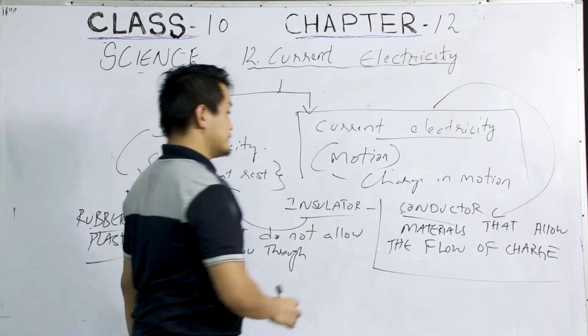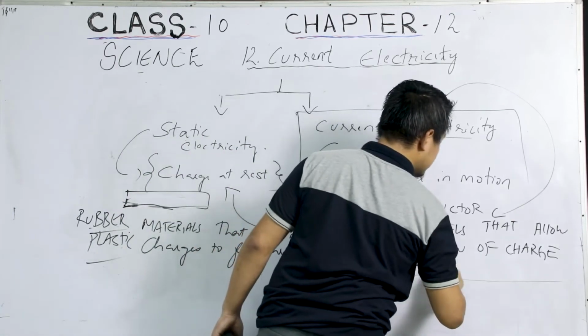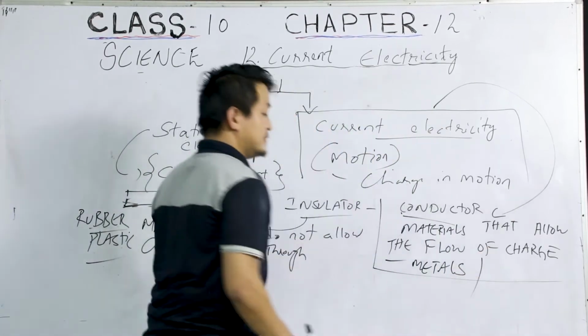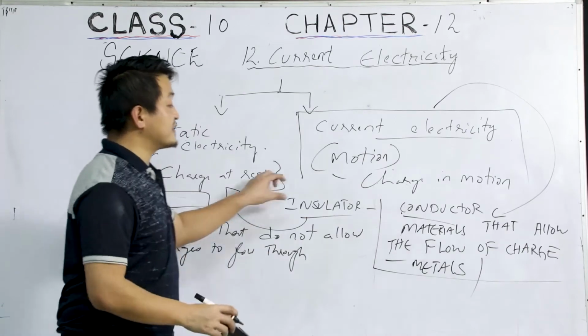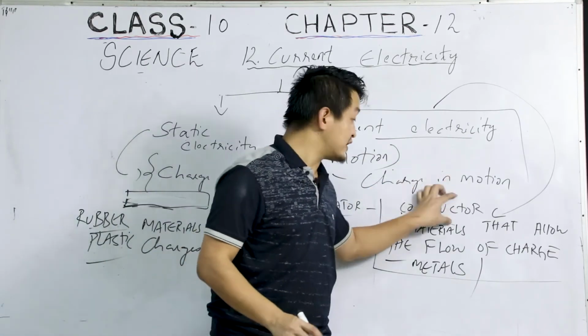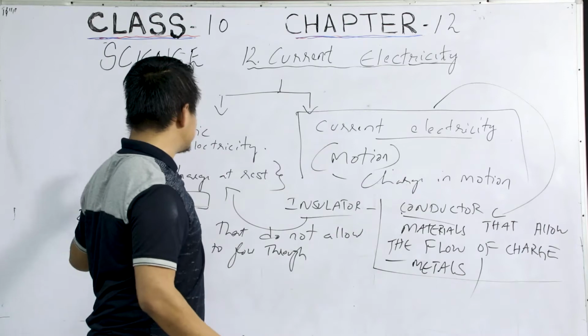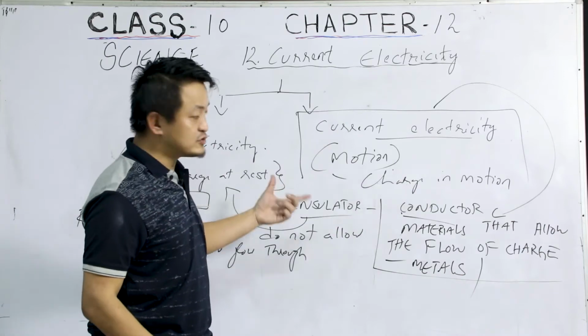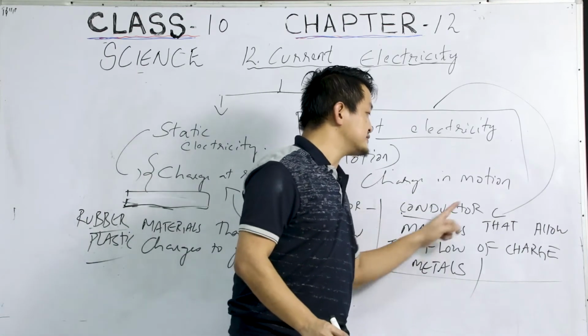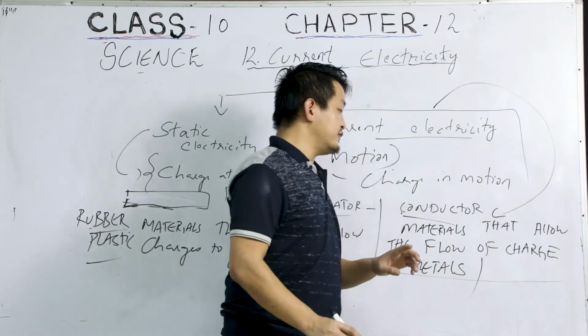So it can be metals. So this is the basic difference between conductor and insulator. Insulator means materials that do not allow charges to flow through, whereas conductor means materials that allow the flow of charge.